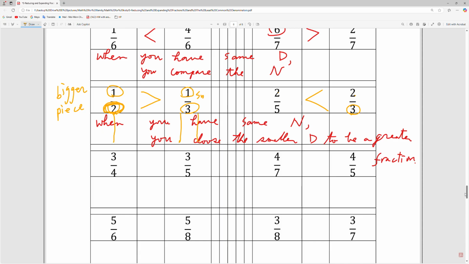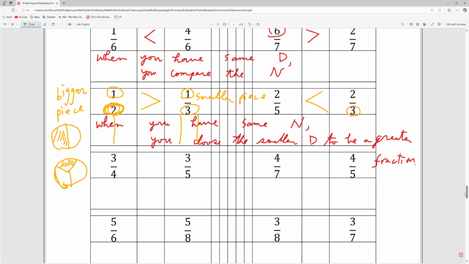This is a smaller piece. Like if you have pizza, if you cut in 2 pieces, then each piece is a bigger piece. If you cut to 3, then each piece will be a smaller size.